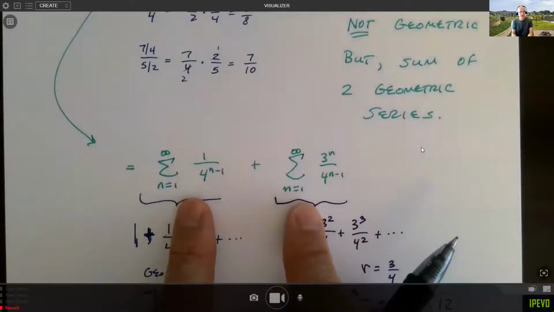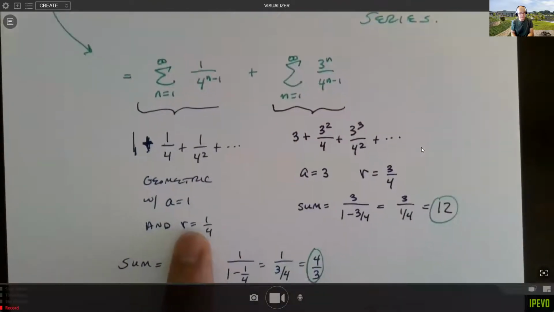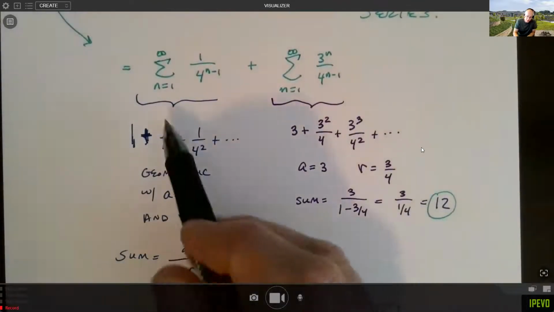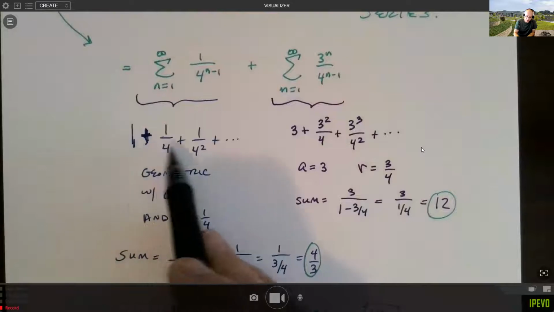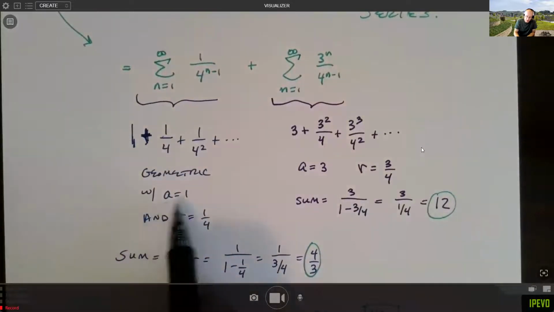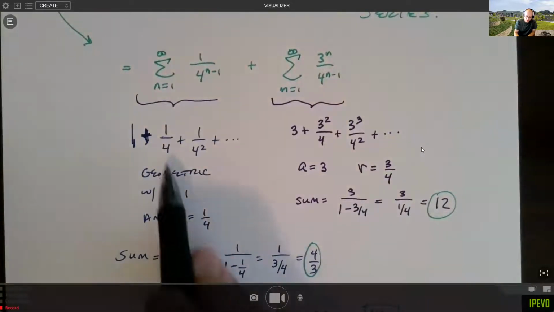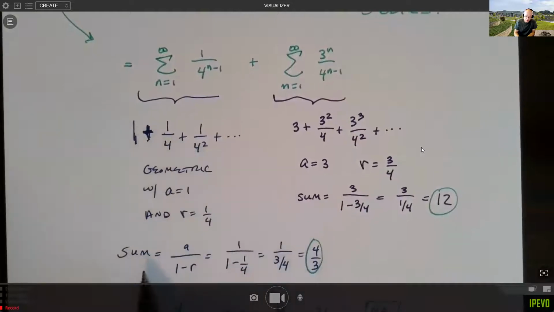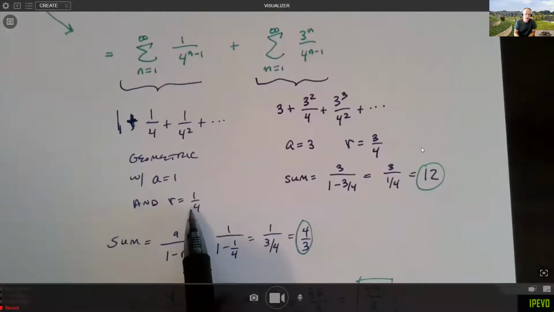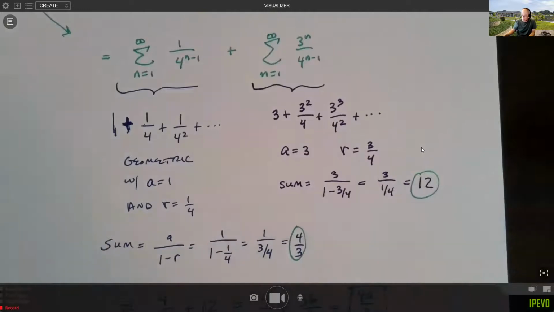And what we'll see then is the first one is, of course, geometric. If I look at the first three terms here, I see that the first term is 1 and the ratio R is 1/4. Since R is less than 1 in absolute value, I can now compute the sum.